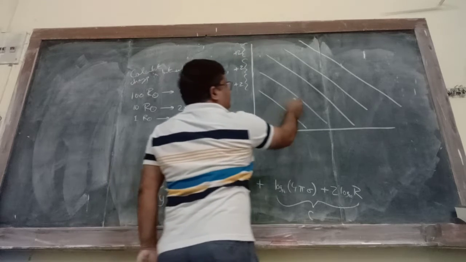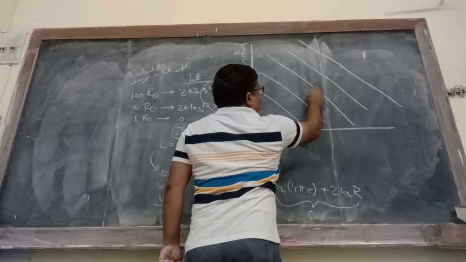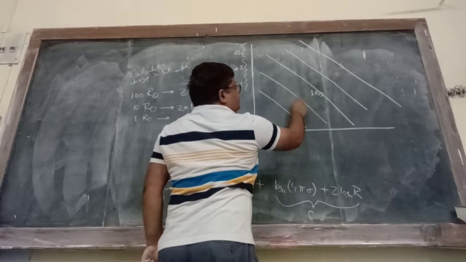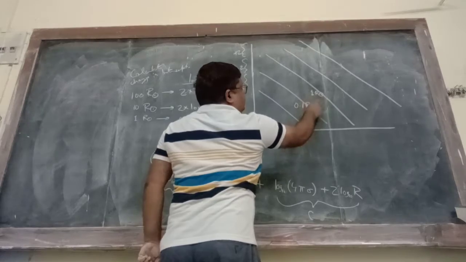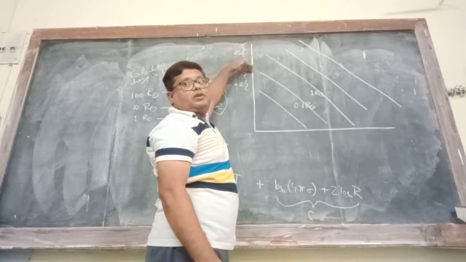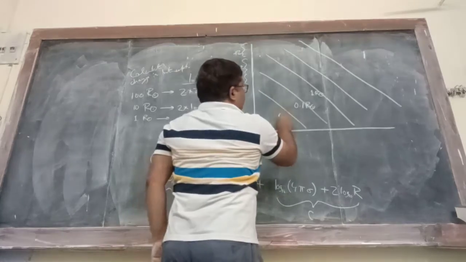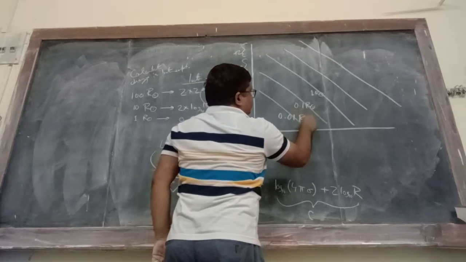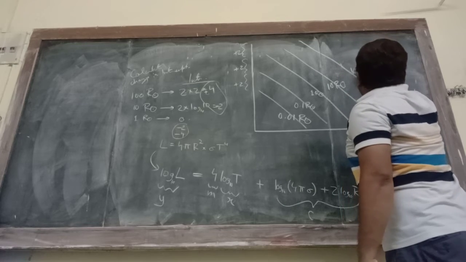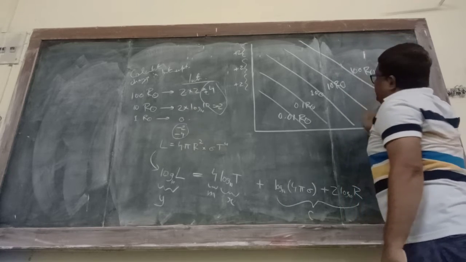Okay, so if this curve corresponds to one stellar radii, then this one will correspond to 0.1. Why? Because the shift is towards the negative side, minus 2. Understand? And this one will be 0.01 stellar radii, and this one will be 10 stellar radii, and this one will be 100 stellar radii. Okay?